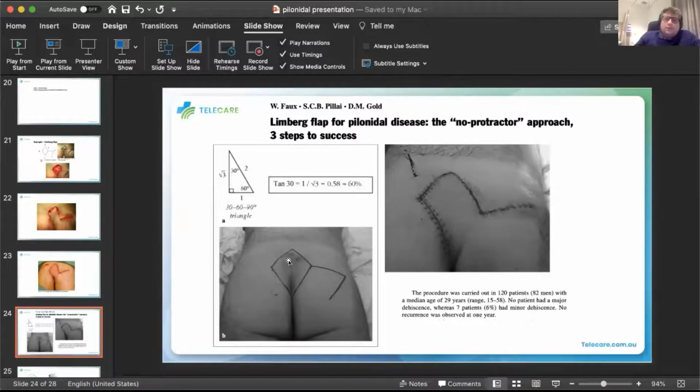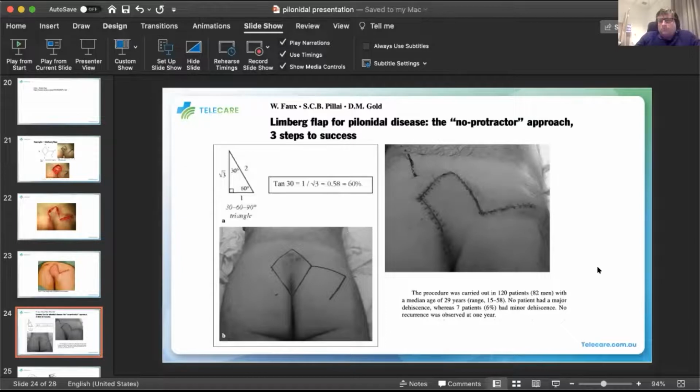And then if you measure that distance and call that X, you then need to make a line that bisects X halfway along that is 0.6 of X, which is based on this trigonometry. And that then gives you a true rhomboid. And then the projection of the flap is a true rhomboid as well. So you project the distance from there to there in this direction and in this direction. And then that line there gives you your flap at the correct angle.